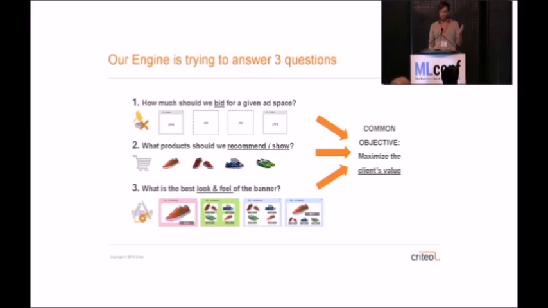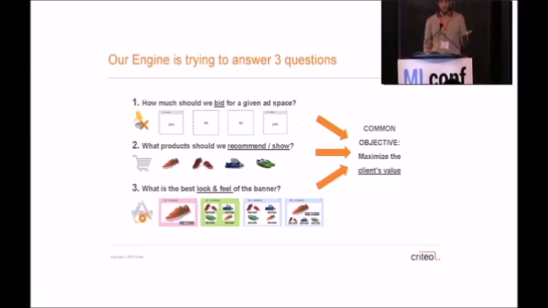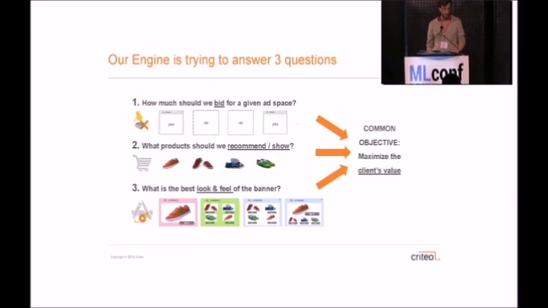We can show many different products, so what should we show exactly? And once we have decided this, what is the exact look and feel of the banner? Shall we show 2 products, or maybe 4, maybe more? What is the layout of the ad? What is the color of the ad? Everything is optimized using machine learning. And the common objective of this whole engine is really to drive value for the advertiser.